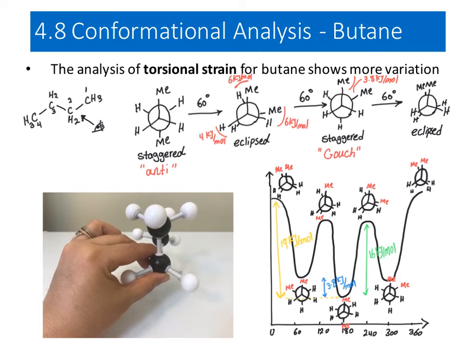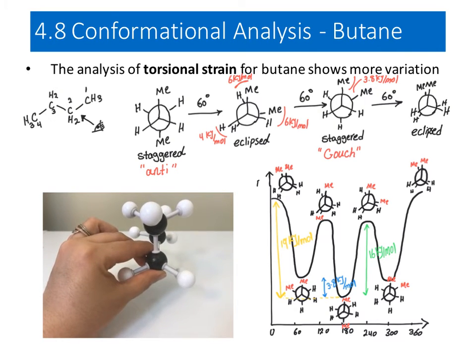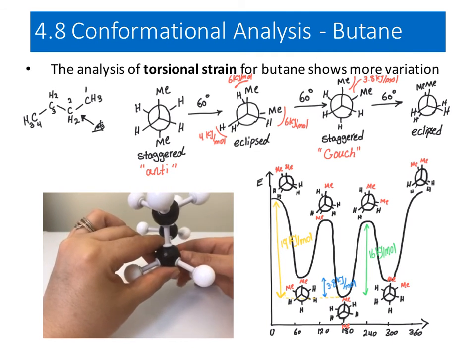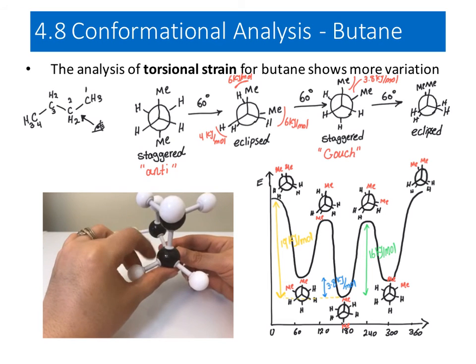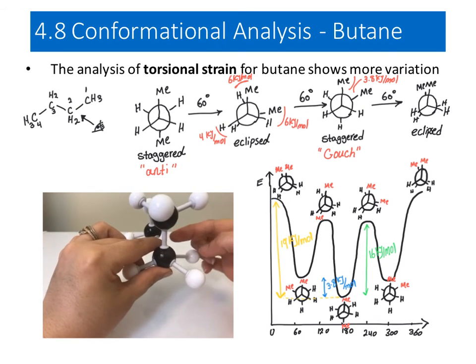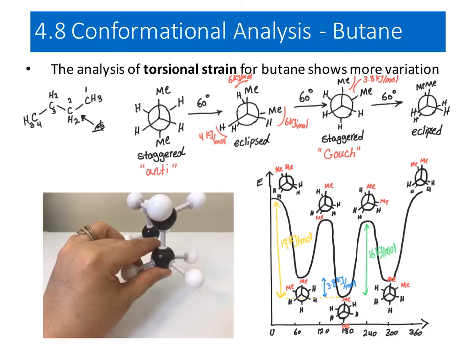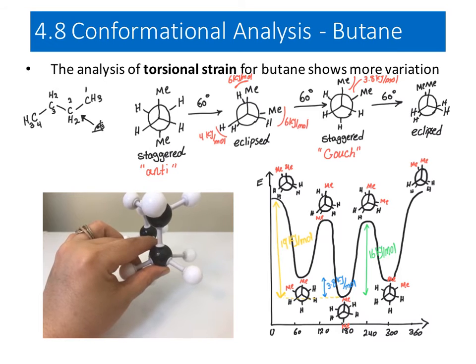Now, if you look at the energy diagram that shows energy against the dihedral angle, so we can start from this conformation where the methyls eclipsing one another. It is right here, and you can see it's very high in energy.